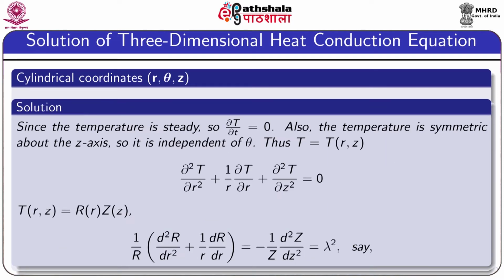To solve this problem, first we have to note that since we are going to find the steady state temperature, del T by del t equals 0. Also, for this physical situation, the temperature is symmetric about the Z axis, so it is independent of theta.